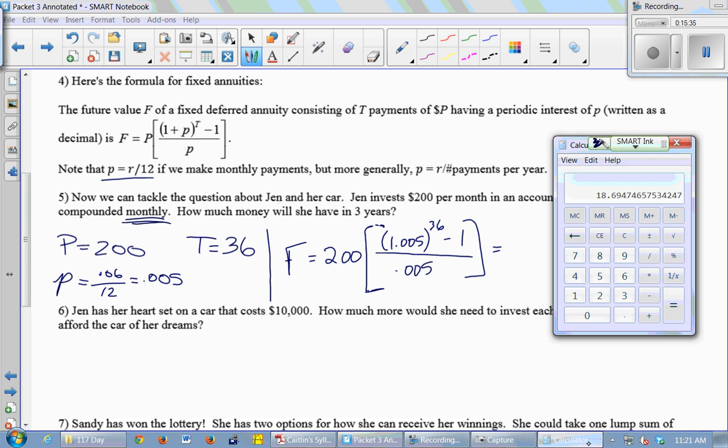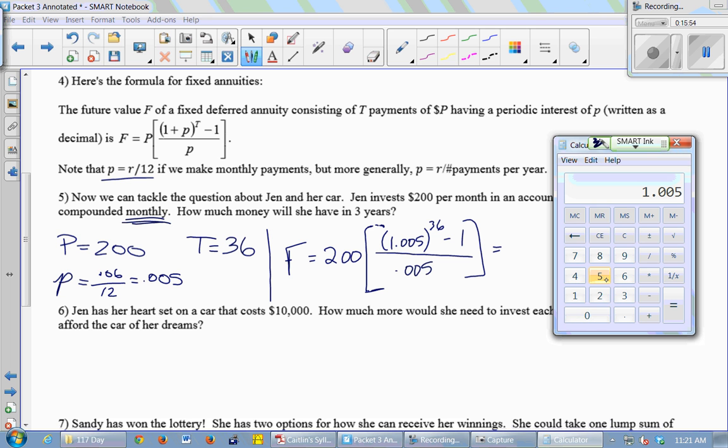And then I'm going to suggest that you do all this in a calculator so you don't lose any decimal places. So I'm going to just type this in following the order of operations. I'm working inside the parentheses because you always do the parentheses first. Then I'm going to do the exponent, 1.005.